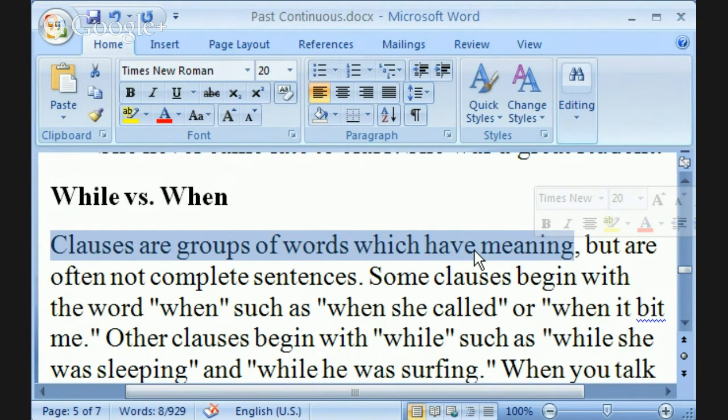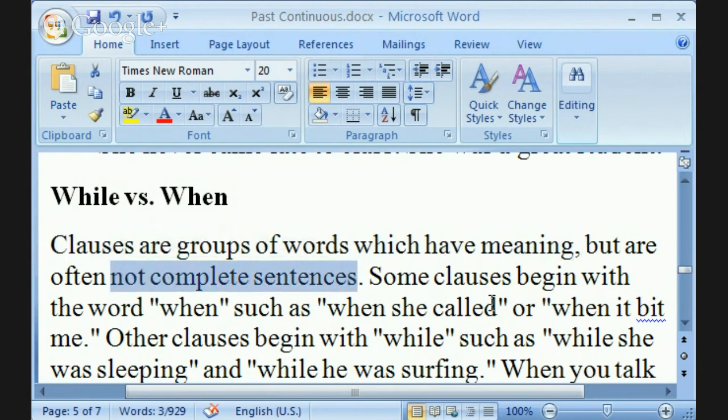When we add a subordinator to it, we create a dependent clause. It's not a sentence. It needs an independent clause to attach to. So it can't exist without an independent clause. So it's not a complete sentence.